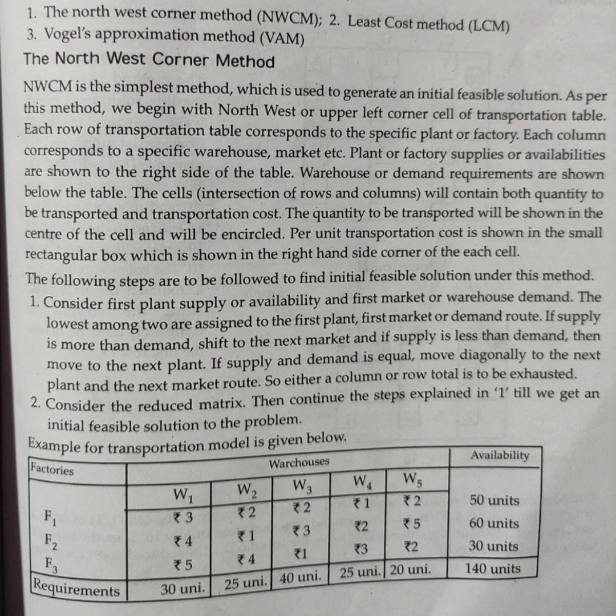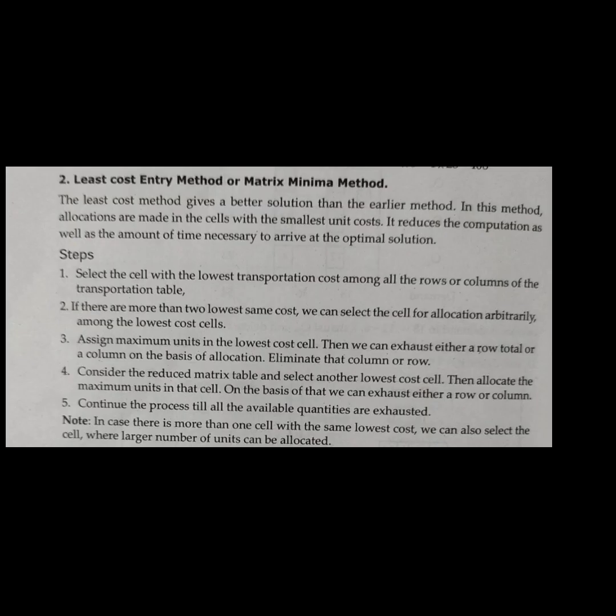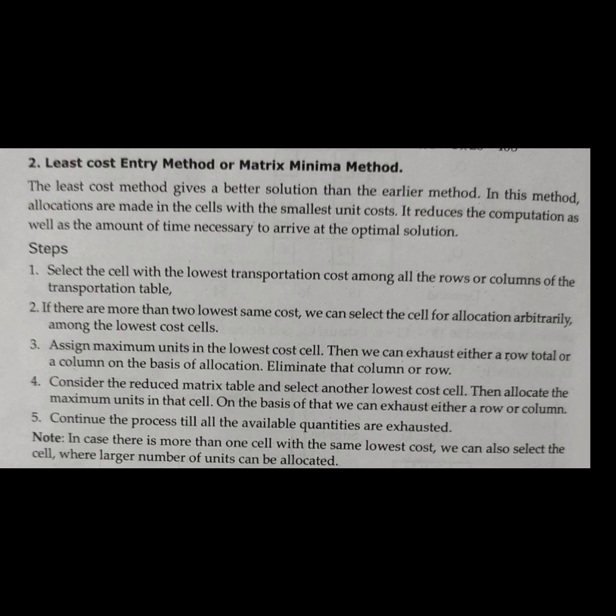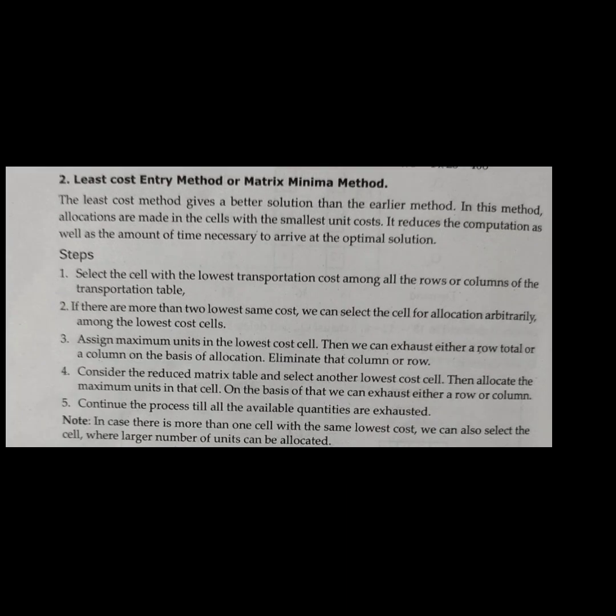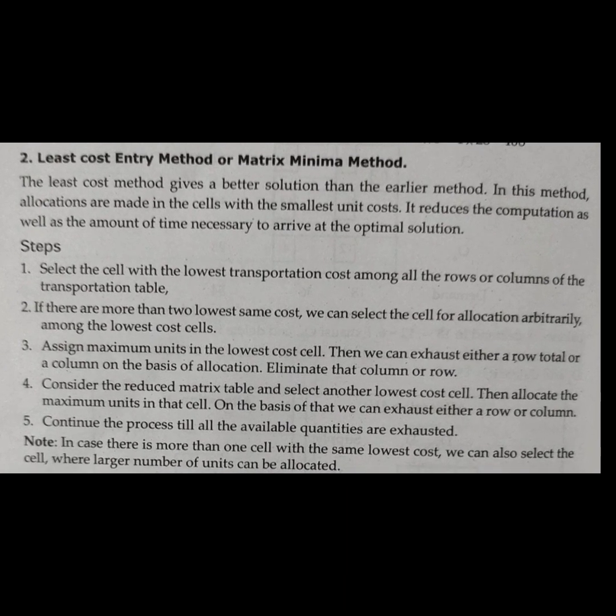The second method is the least cost entry method or matrix minima method, LCM. The least cost method gives a better solution than the earlier method. In this method, allocations are made in the cells with the smallest unit costs.